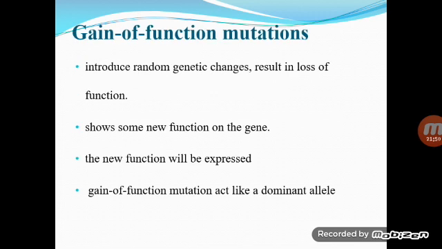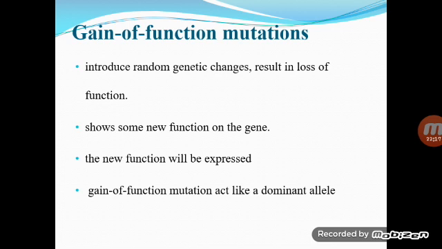Other type of mutation is the gain of function mutations. In this case, because mutation events introduce random genetic changes, most of the times they result in loss of function. The mutation events are like bullets being fired at a complex machine.